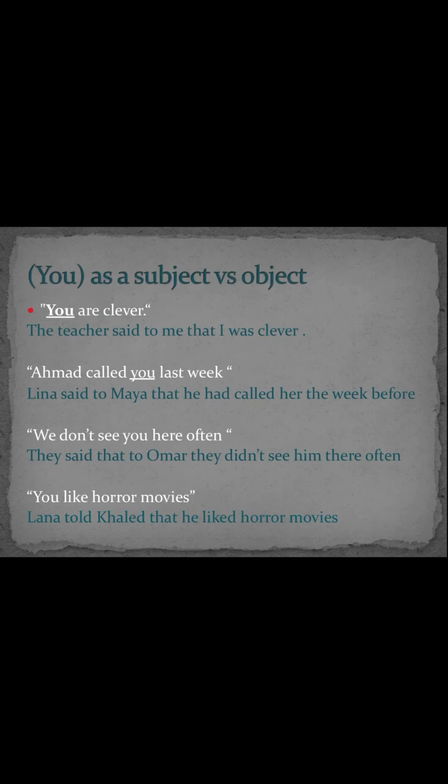You طيب بصير أحكي they didn't see he؟ لا طبعا، لأنه you هنا إجت object فبنحولها ل him or her depending on the receiver عمر boy بنحولها ل him. Here برضو بتتحول there و often بتنزل مثل ما هي، فبتصير they said that to عمر they didn't see him there often.